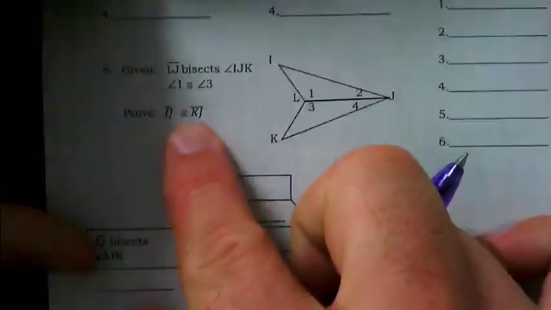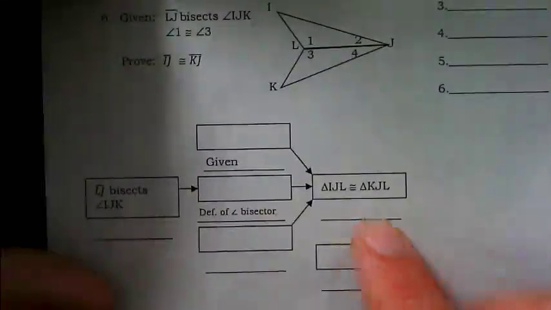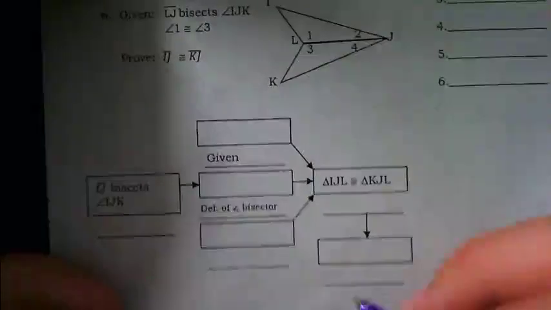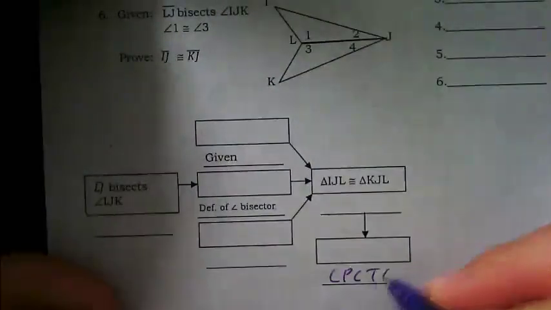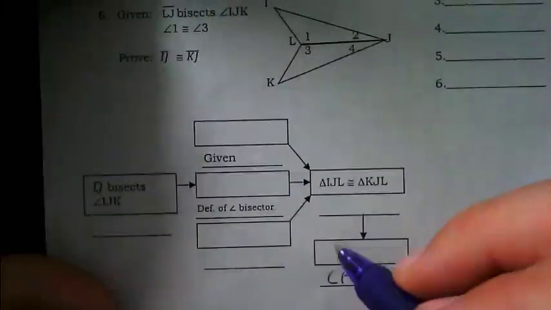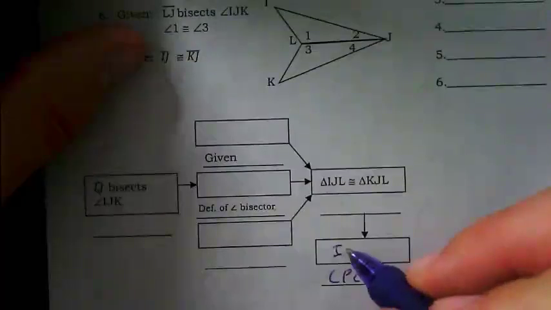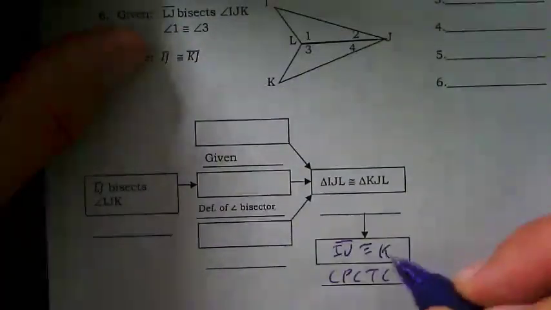Hey, I'm proving something besides the triangles are congruent on number 6. So there's a statement about the triangles being congruent. Whatever I end up putting in this box could be CPCTC. Right? And I know what I'm trying to prove in that box because it's given to me. So I know that IJ is congruent to KJ.